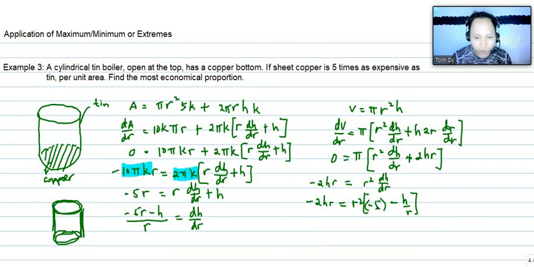So negative 2hr, that is equivalent to, when we multiply, negative 5 r squared, and then this one we cancel r squared and then r, so what remains here is negative rh or hr.